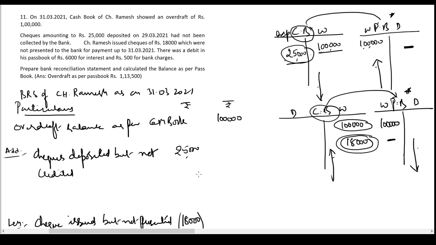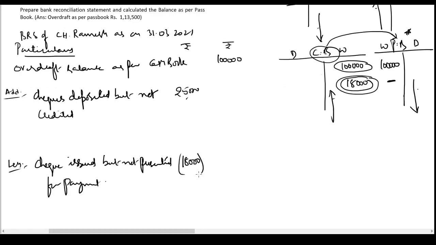Next, there was a debit in his passbook for rupees 6,000 for interest and 500 rupees for bank charges. So let us prepare one more working note. Because we have overdrawn the account, the bank is charging some interest.